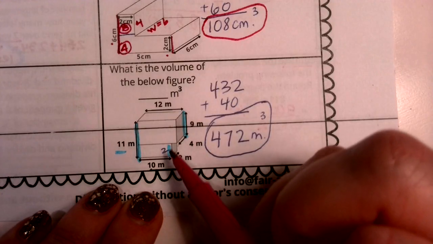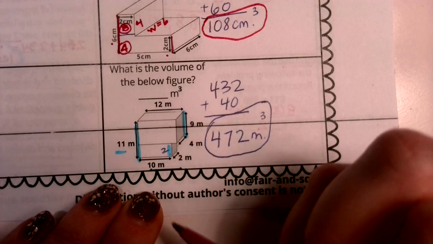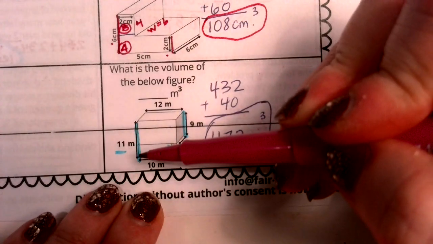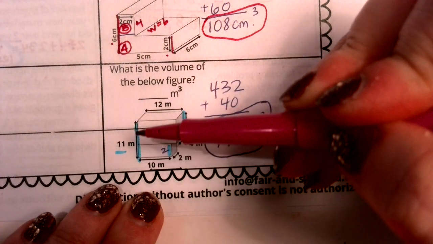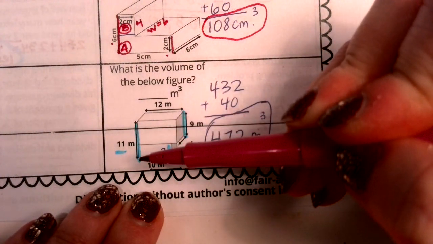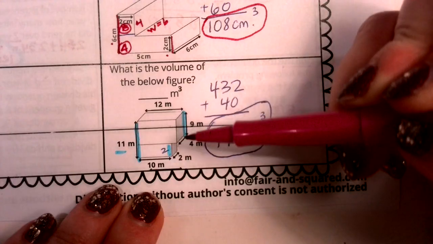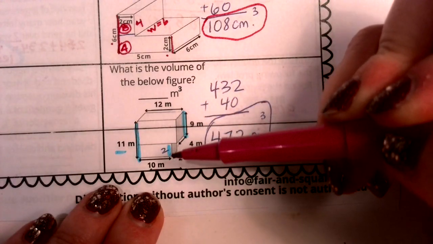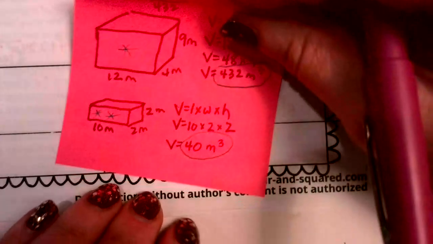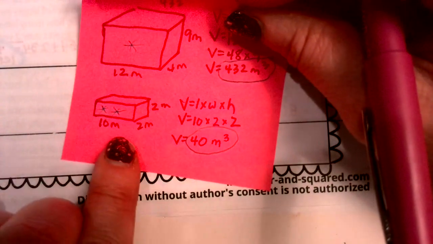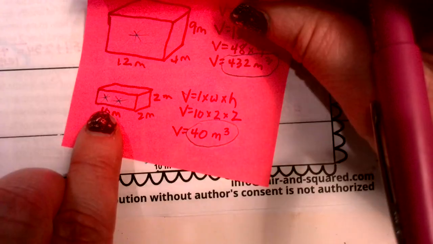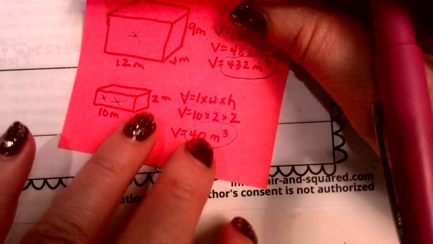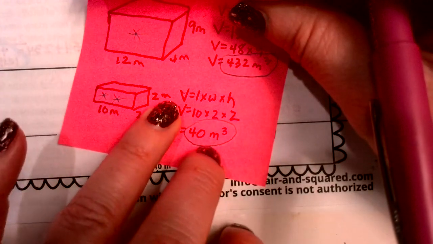I don't have a height measurement that's listed, but similar to our last problem, I can figure it out because the overall height of this entire shape, both prisms, is 11. This prism is going to use up 9 of those meters, so this one is going to have a height of 2. Therefore, with this prism on the bottom, I have a length of 10, a width of 2, and a height of 2.